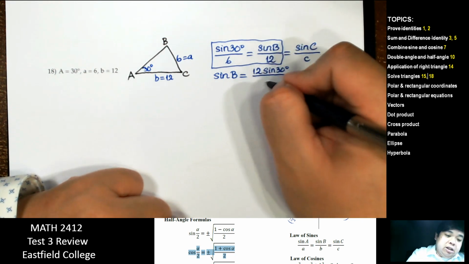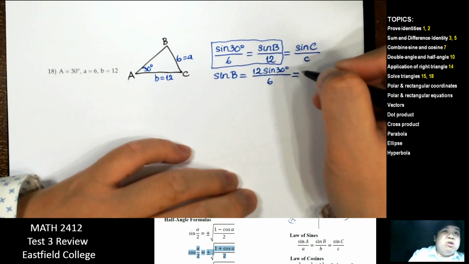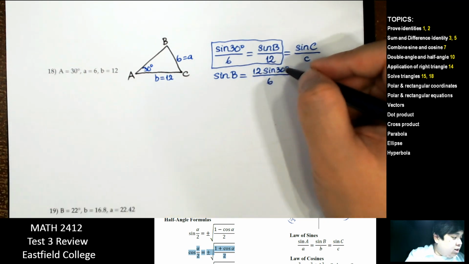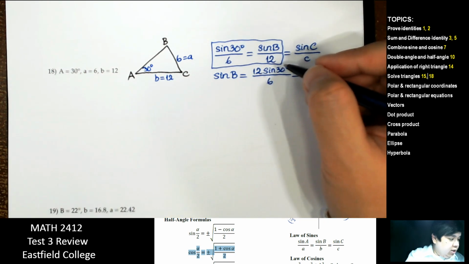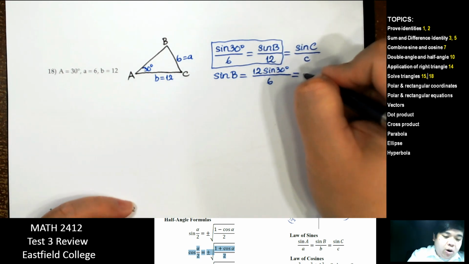Oh, it's going to be easy because of the special case. Right, so we do that, 12 sine of 30 over 6, and just have one.